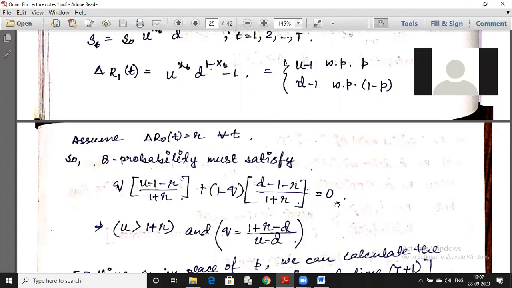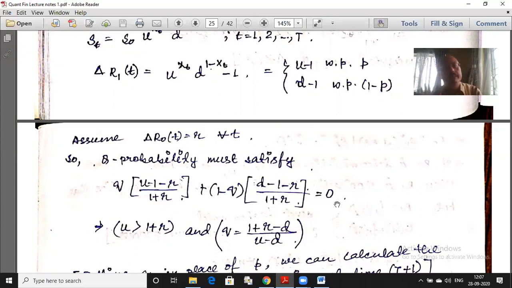So, using our risk neutral idea, we can find the risk neutral probability for the Bernoulli setup, for the binomial model setup, very easily, and that will be given by q equal to (1 plus r minus d) divided by (u minus d). So if I am given the values of r, u, d, I can find the risk neutral probability straightforwardly.